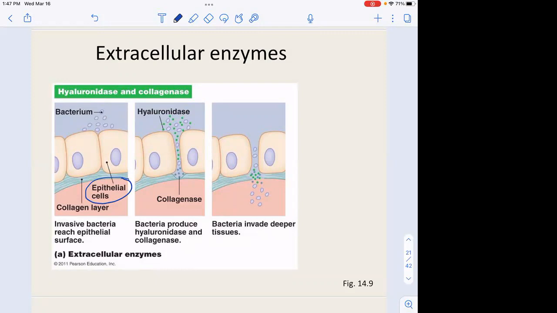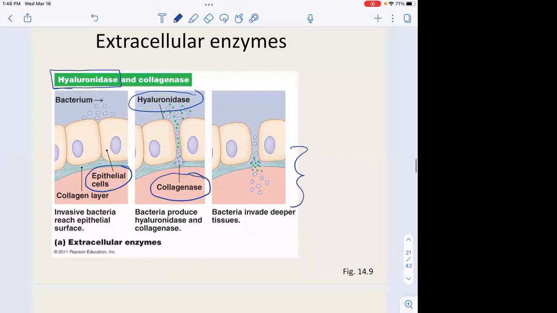So some bacteria can make hyaluronidase. That's an enzyme that breaks down that hyaluronic acid and helps them invade and squeeze through those lines of epithelial cells. Another enzyme, collagenase. Collagen is the main structural protein in our bodies. So if an organism can break down that structural protein, then we see how it's invading deeper and deeper into tissue.